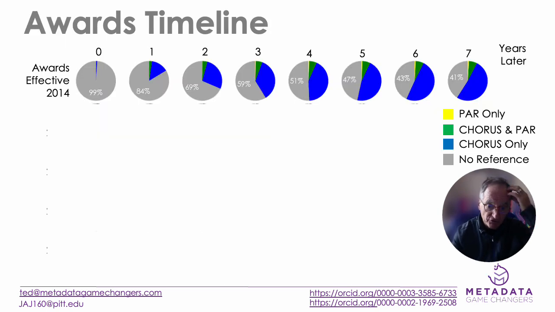So we saw a couple slides ago that things changed as a function of time. This is a plot of awards that were effective in 2014 and how they were referenced through time during the 7 years after, up to 2021, and the same colors that we saw before.